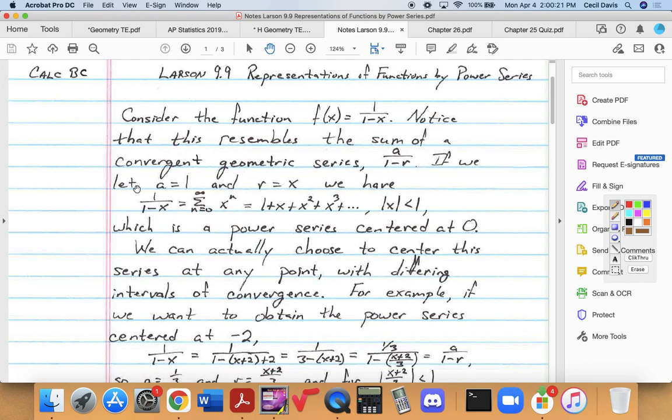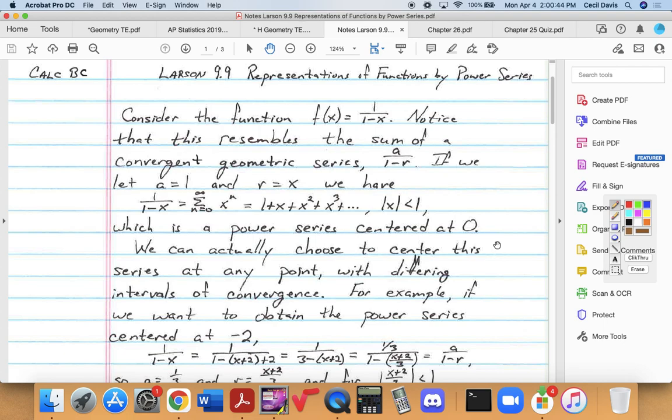So we've replaced this fractional function, it's called a rational function, by the way, in case you've forgotten that term, with a power series, and it's centered at 0. You can actually choose to center that at some other point if you want to, with differing intervals of convergence.